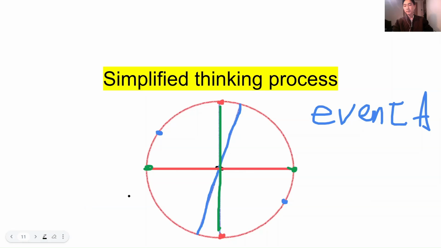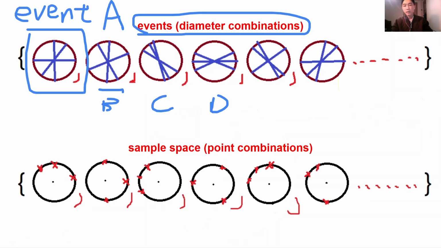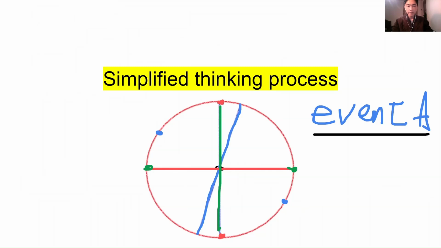Now, how many point combinations belong to this event A? You can try to enumerate all of the combinations, but I'll just give you a quick example.